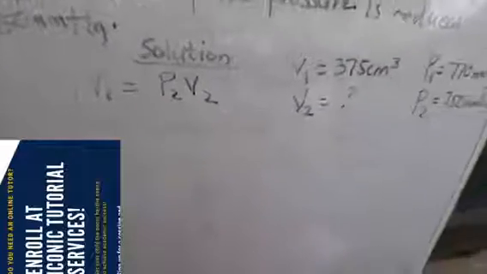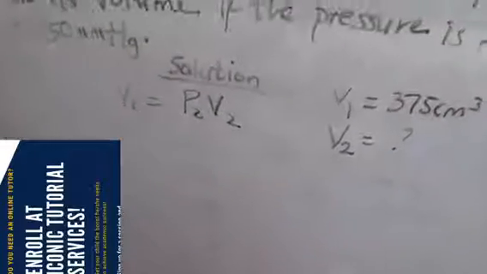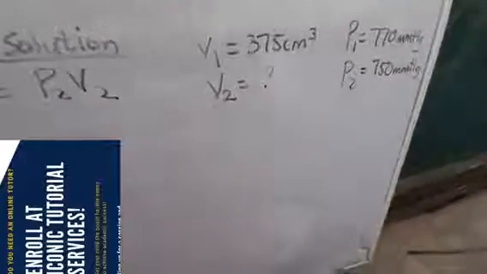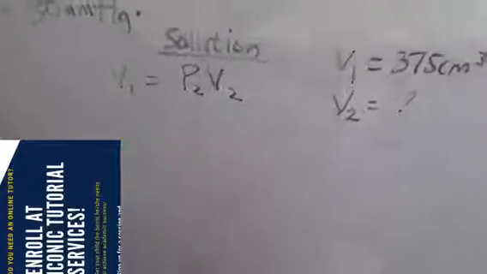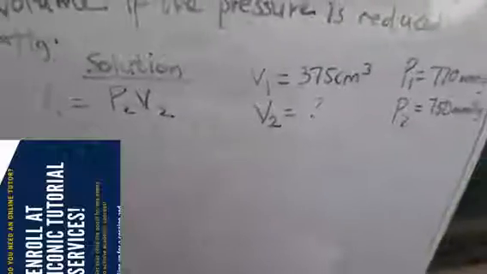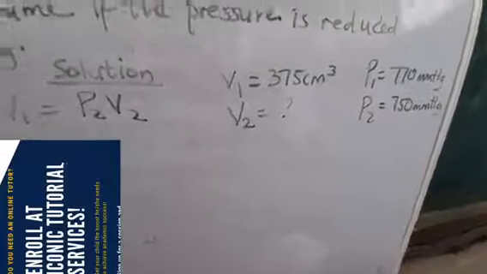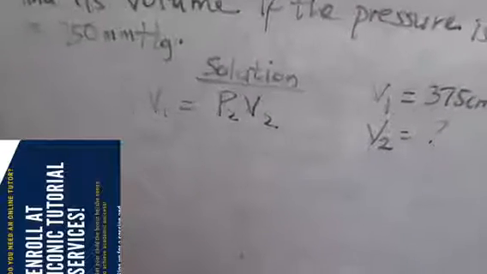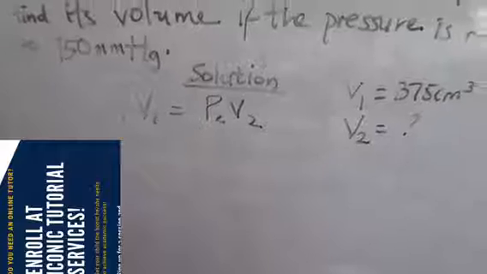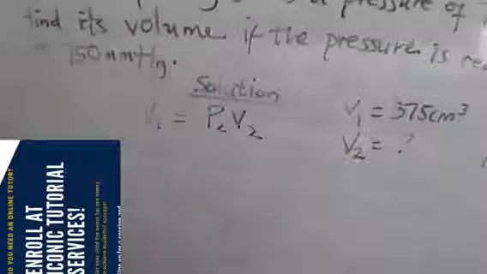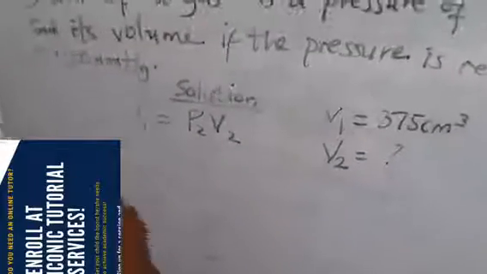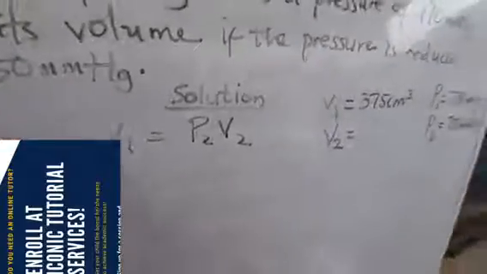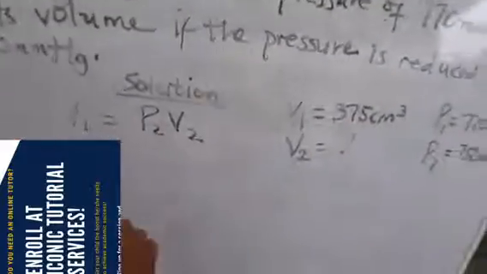I said previously that when the pressure of a gas is increasing, the volume will decrease. Looking at this question, the pressure is 770 millimeter mercury, and the second pressure is reduced to 750 millimeter mercury. So that means the volume we're going to get, our V2, will be higher than V1, going by Boyle's law.